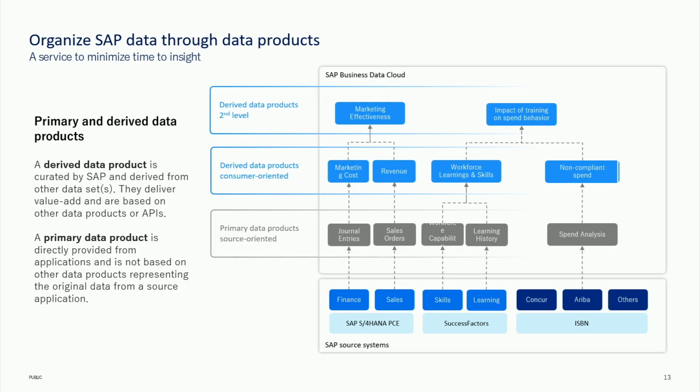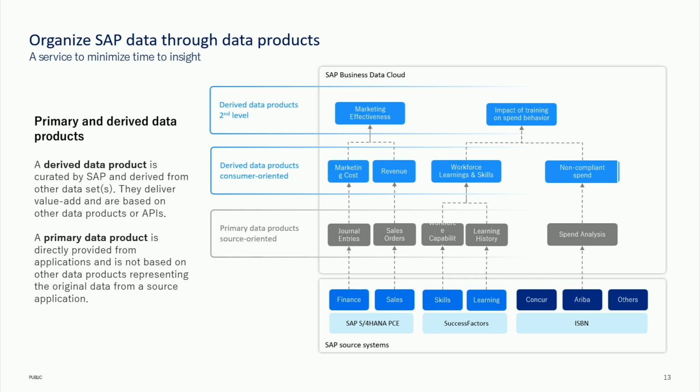But the really interesting thing is those derived data products that are then out of the box being delivered as part of the platform to be consumed across line of business solutions, which you would have to join, to union, and to model basically manually.